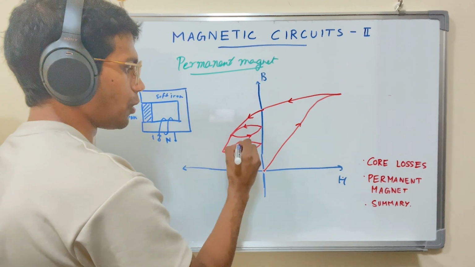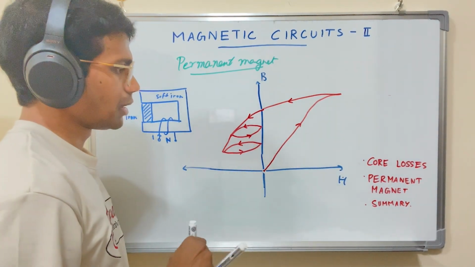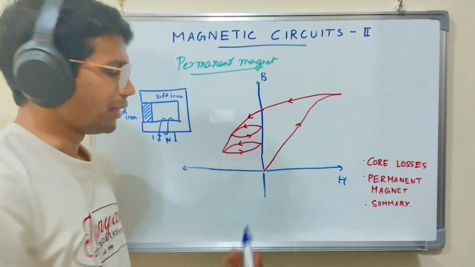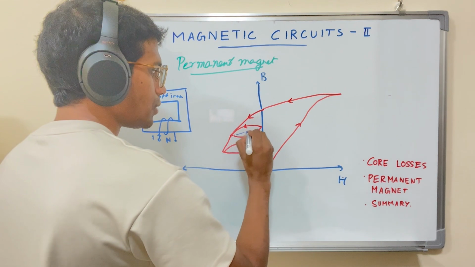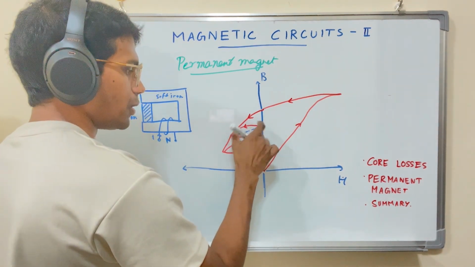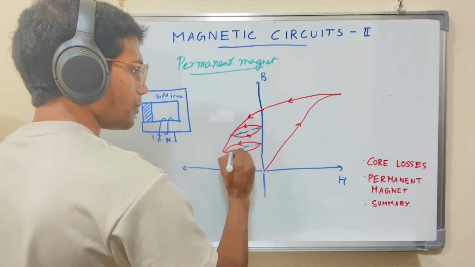And these loops are called minor loops. These minor loops would represent what would happen if we just cut off the external field. And you could see the slope of the line joining these 2 points would be the same as this line. So the slopes are the same.